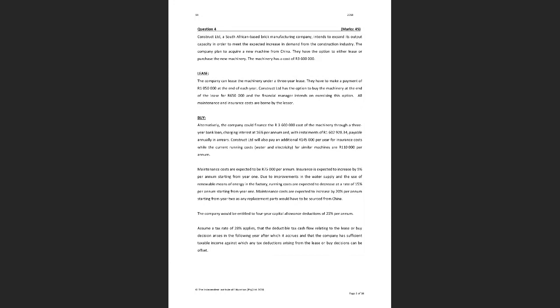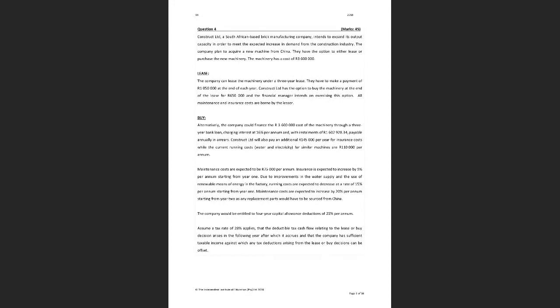Sometimes they tell you currently maintenance costs are XYZ, and right from year 1 of the project, the costs will increase by 9% starting from year 1. Sometimes they tell you in year 1 the costs will be 75 and thereafter they will decrease by 15% per annum. That is just, again, to make sure you are paying attention to detail and you are applying it accurately to the information that you've been given.